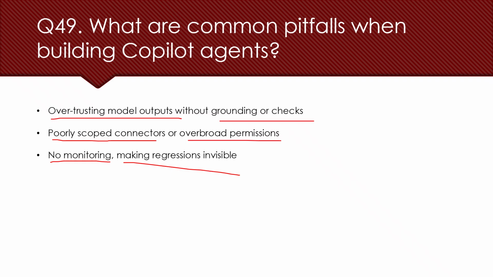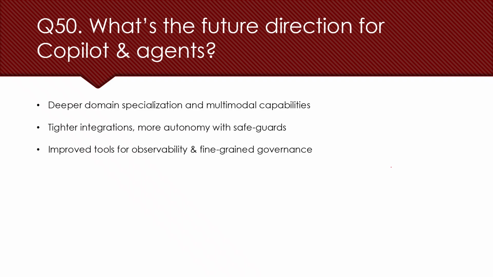We can avoid all of these three main pitfalls by implementing grounding, having validation logic, properly limited permission scopes, and robust logging and staged rollout. Those are the main things we have to consider to not fall into pitfalls when working with the Copilot agent.